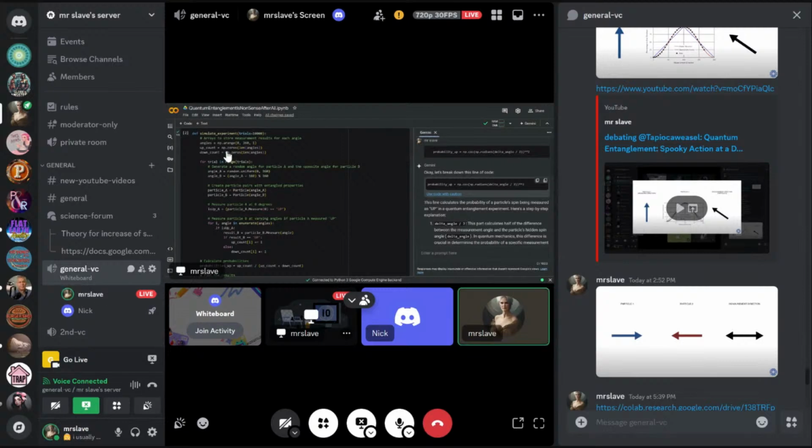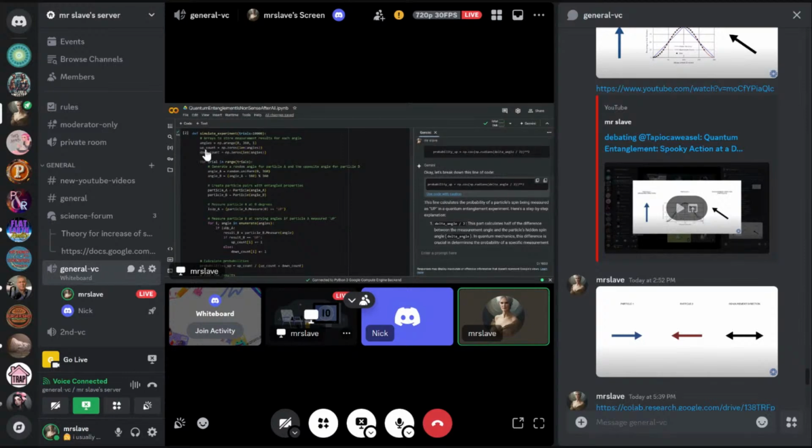So in simulate experiment, trials is 10,000. That's what I told it. Arrays to store measurement results for each angle. So angles calls a range from 0 to 360, in increments of 1 degree. So 1 degree, 2 degree, 3 degree, 4 degree. Okay, up count zeros, len angle.